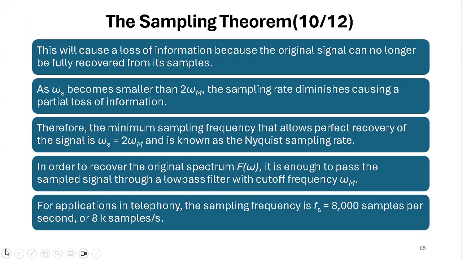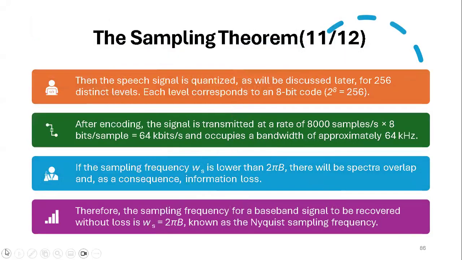For application in telephony, the sampling frequency is 8 kHz, or 8,000 samples per second. Then the speech sequence is quantized into 256 levels, and each level corresponds to an 8-bit code.